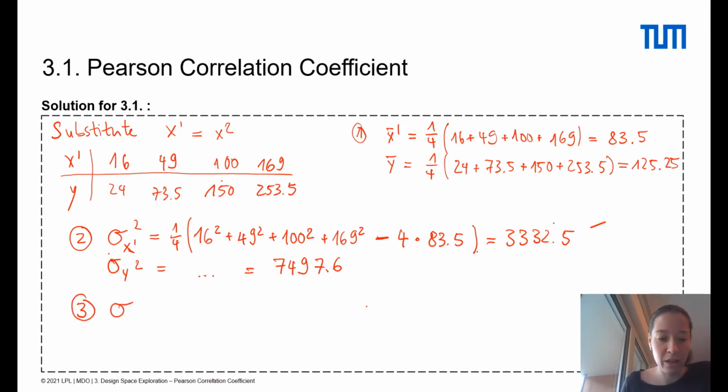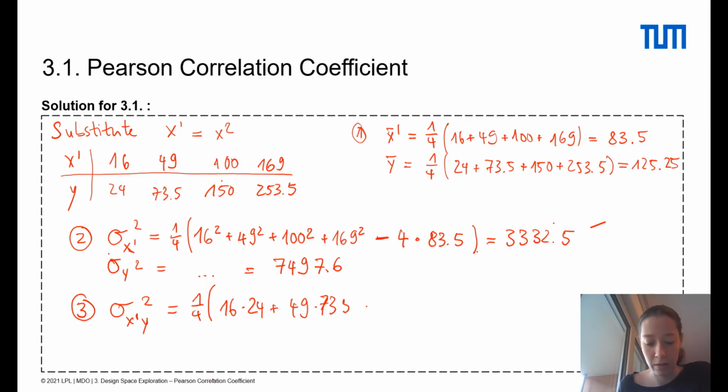Finally, we need the covariance between x prime and y. And here we multiply the samples, so we build the sum over the multiplication, plus 49 times 73.5, plus 100, plus 60.5.